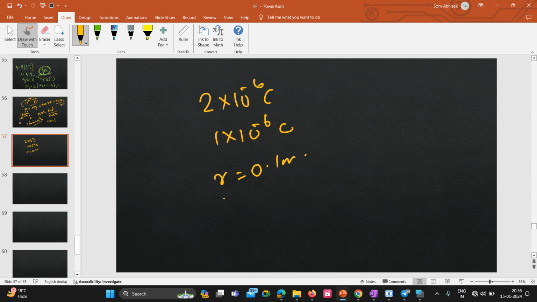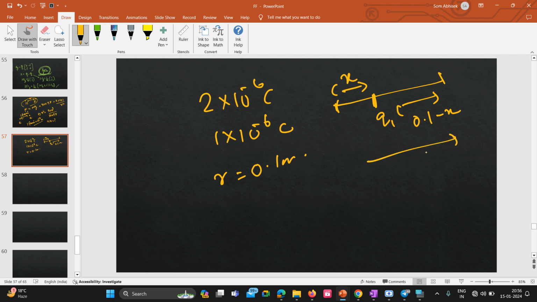There is another charge, suppose Q1, at a distance x from this one. So this one will be what? 0.1 minus x, because the whole distance is 0.1. If this one is x from here, then it will be 0.1 minus x from here.